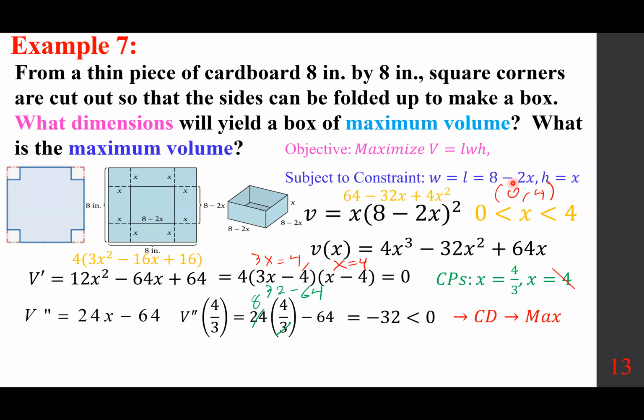If x is 4/3, you put it into this one, 2 times 4/3 and subtract it from 8, and you get 16/3. So the dimensions are 4/3 by 16/3 by 16/3. This is the answer for dimensions.